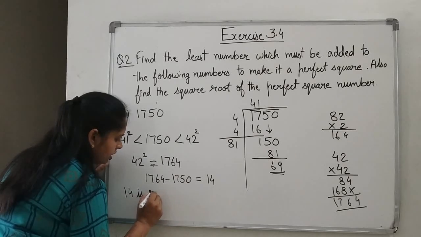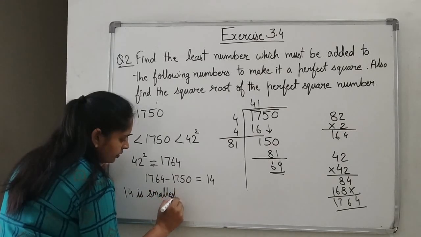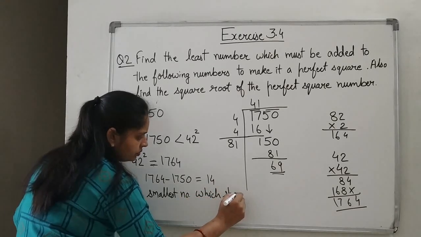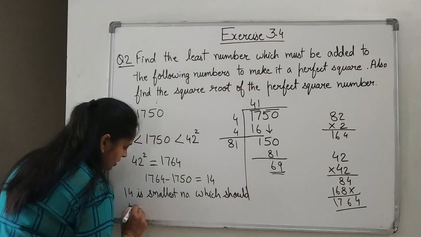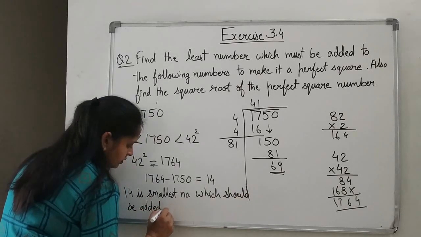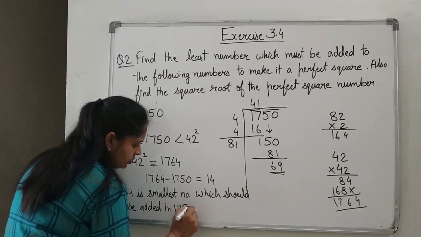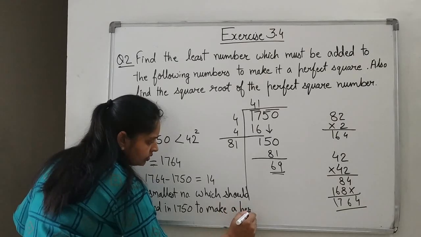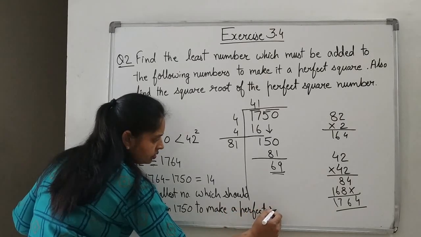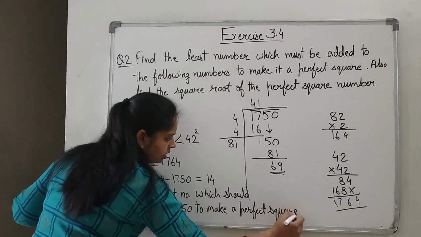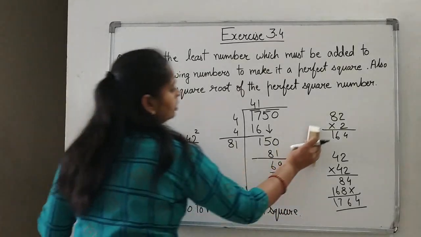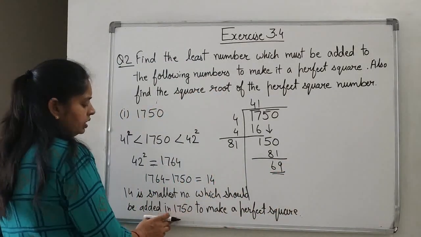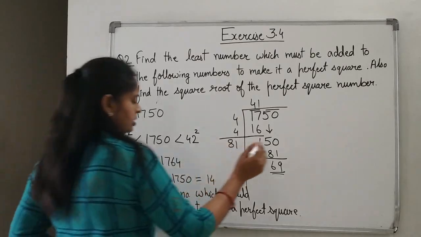Hence 14 is the smallest number which should be added in 1750 to make a perfect square. And the question is also asking for the root of the new square number we got. So after adding 14 to 1750 we got what number? 1764.